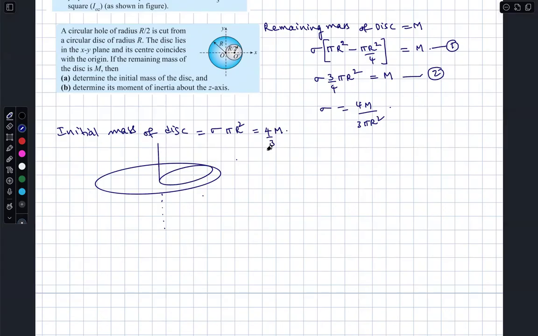Now please try to understand what is happening here. Determine its moment of inertia about the z-axis.